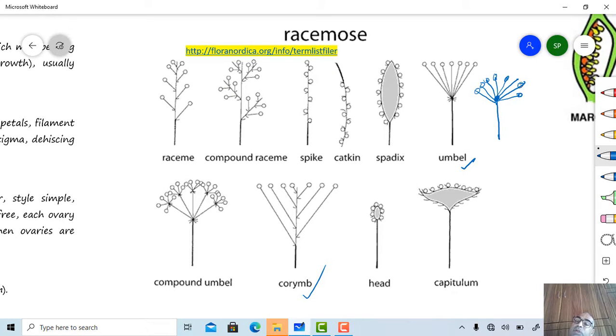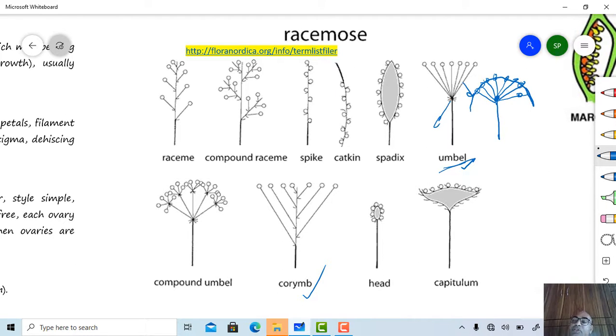And one more thing here, all the pedicels have equal length, and due to the equal length they form an umbrella-like structure. Then it is called an umbel type of inflorescence.